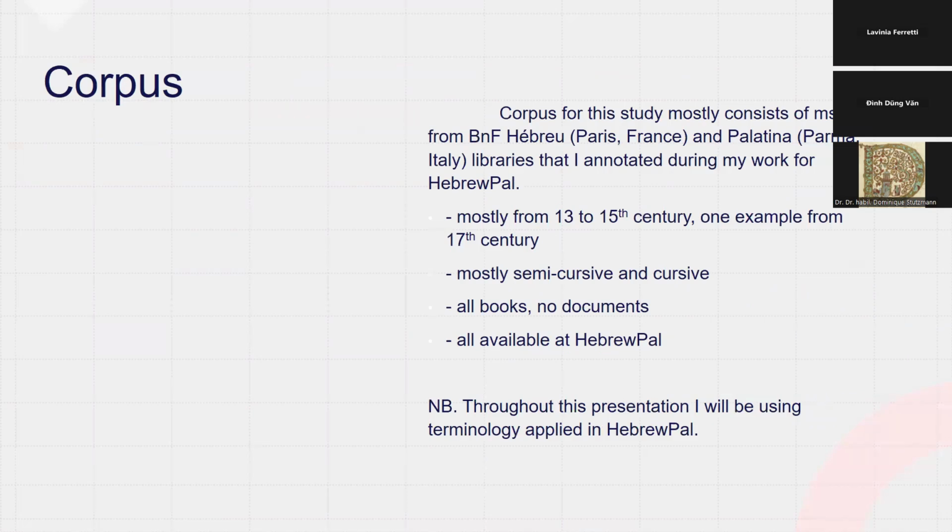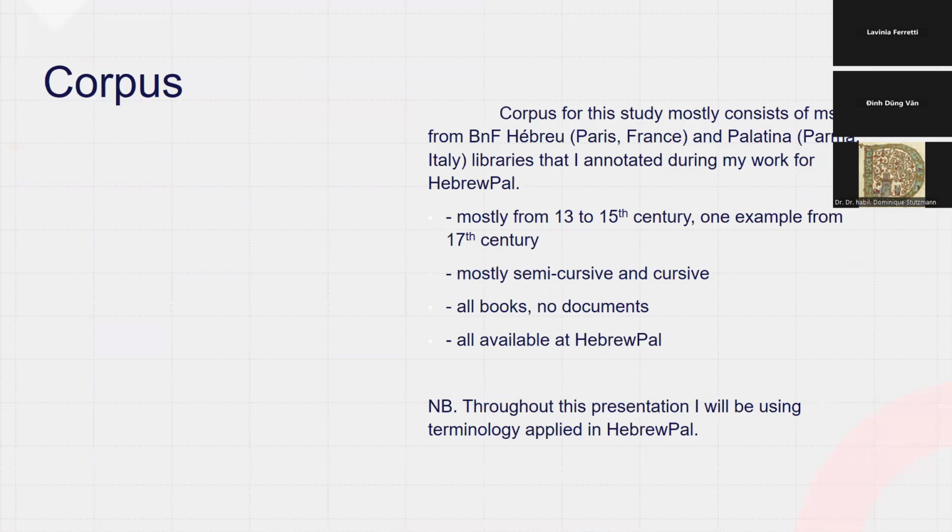I included one example from the 17th century as an exception because it is so unique in its own right, and I will show you why. They are all available at Hebrew PAL, so if you're interested, you are very welcome to see for yourself and draw your own conclusions.